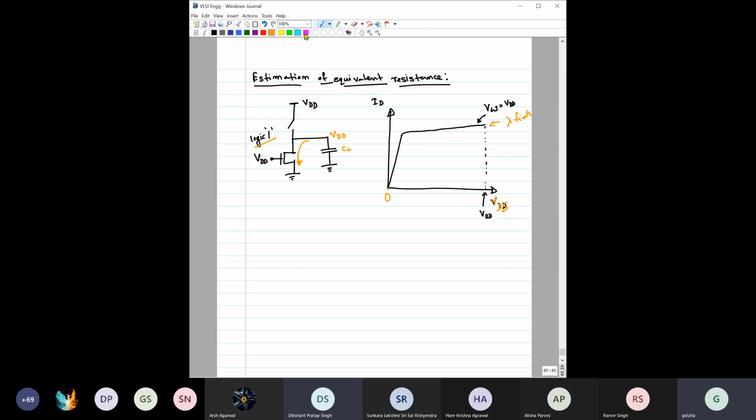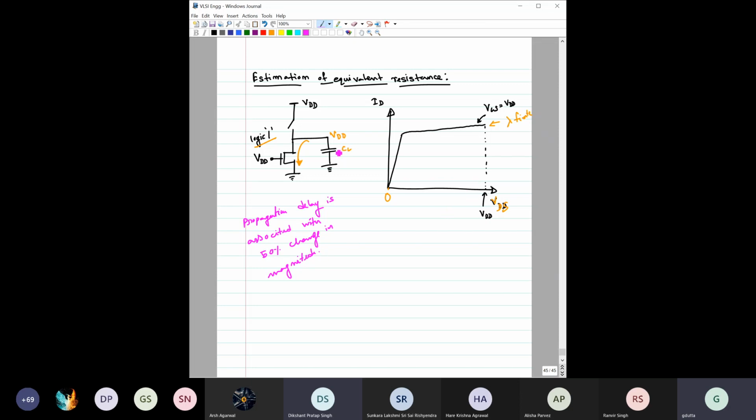The propagation delay is associated with the 50% change in magnitude.